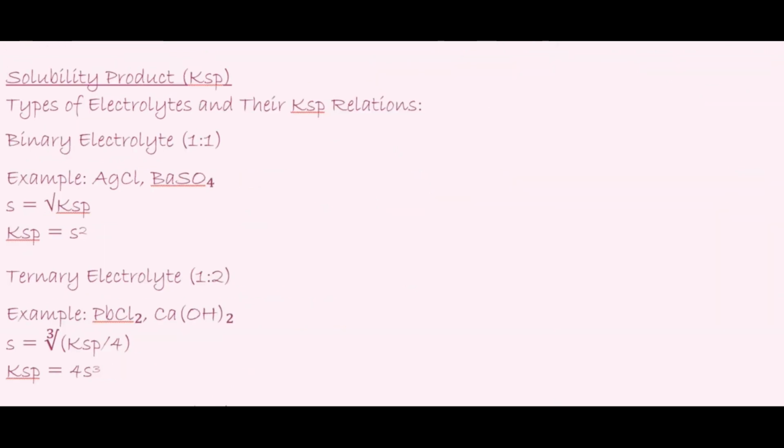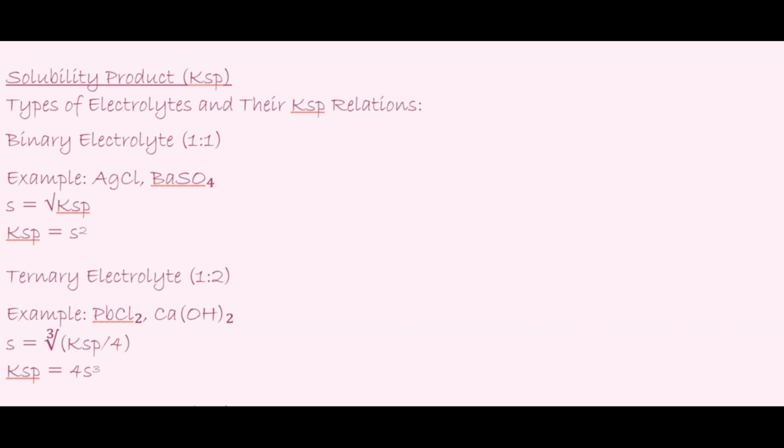Now we are moving on to another important and interesting part in ionic equilibrium, that is solubility product, KSP. What does it define? It is talking about how much of a solute can be dissolved in the solution or solvent.